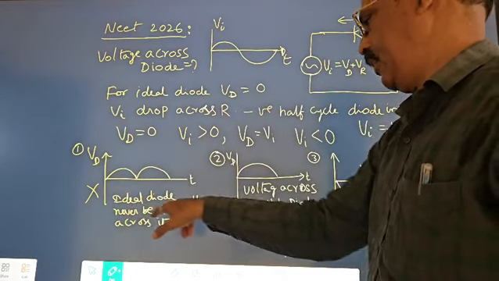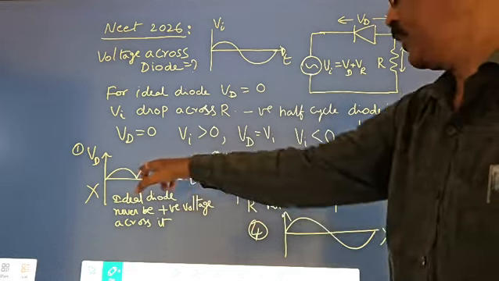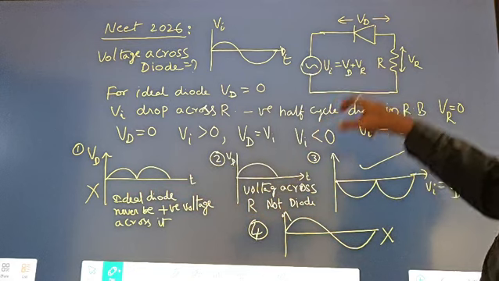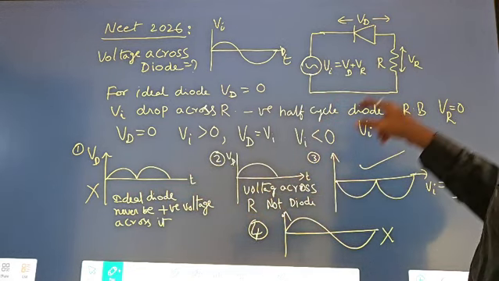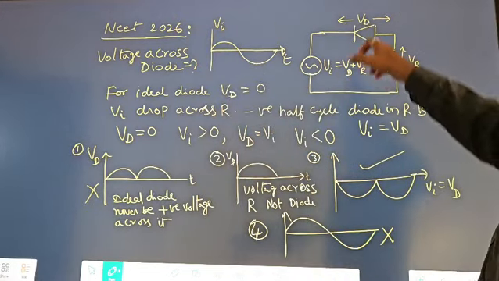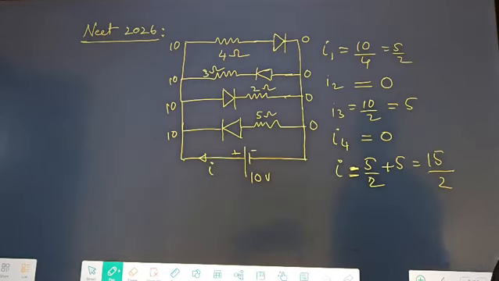Okay, ideal diode never have the positive voltages. So these two are not possible. This graph is possible if they ask the voltage drop across the resistor. But he asked voltage drop across the diode. So this is the best graph for that.